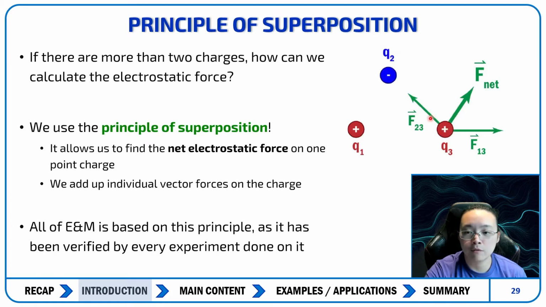So therefore you have a force, or a pulling force, from 2 onto 3. Now these two added together will give you a net force pointing in this direction. So you can either use tail-to-tail addition, so F1 to 3 over here and then F2 to 3 over here, or you can use another method of adding up the vectors, but you should be able to calculate the net force from different charges.